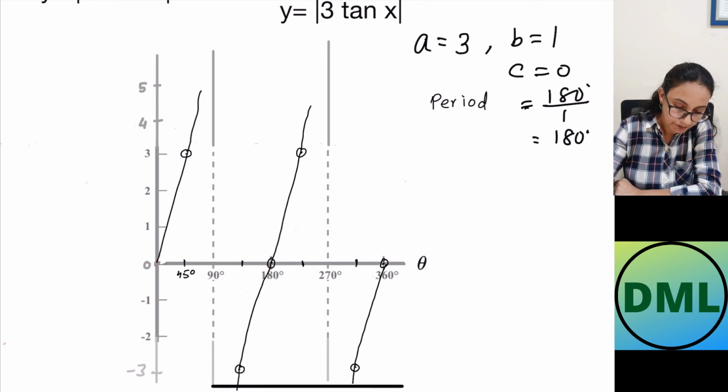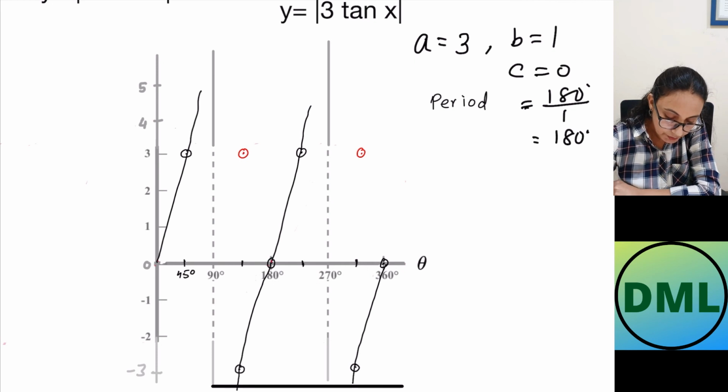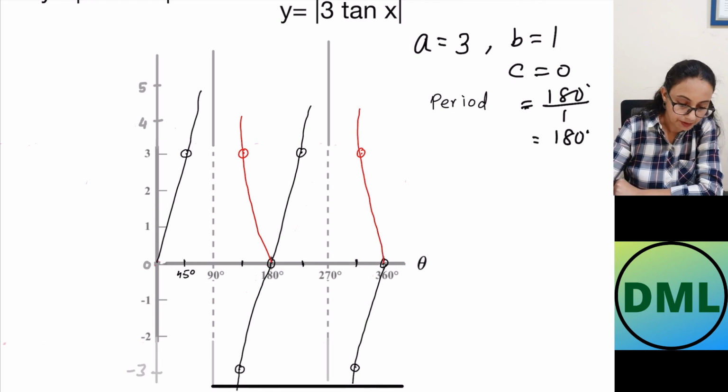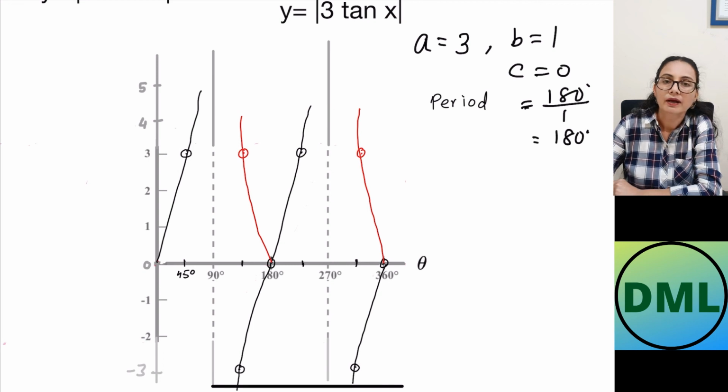My point will be here and here. I will join from the axis this way. That means this is my graph for mod of 3 tan x.